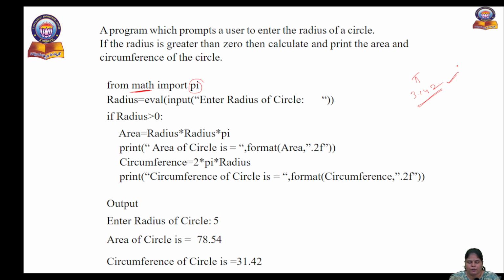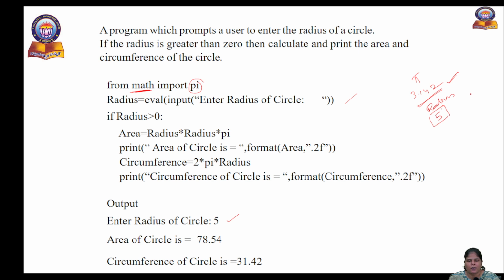The first statement is reading the radius value: radius equal to eval. As I may take the radius as an integer as well as a float, I am writing radius equal to eval input, enter radius of the circle. After reading this, the radius I have entered is 5, so 5 will be stored in radius.